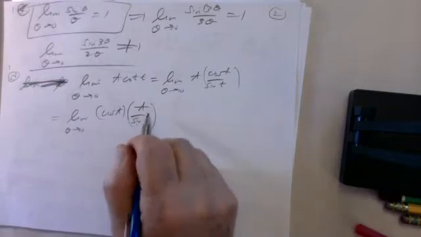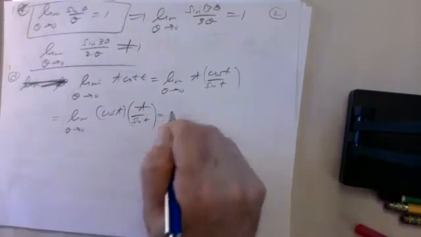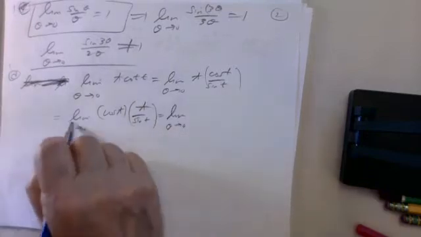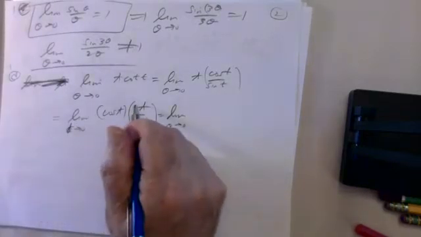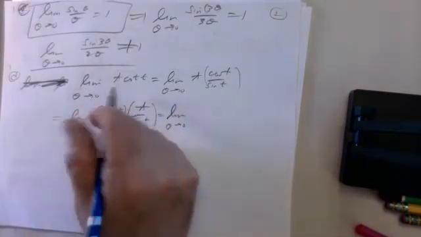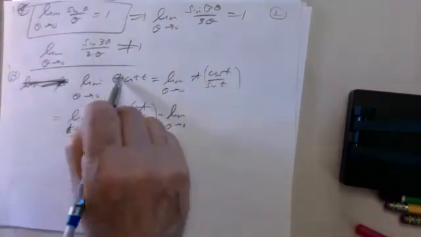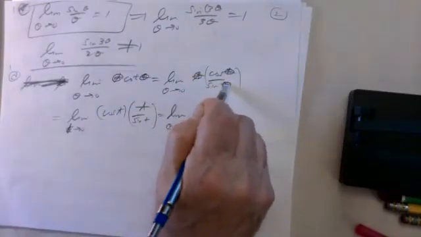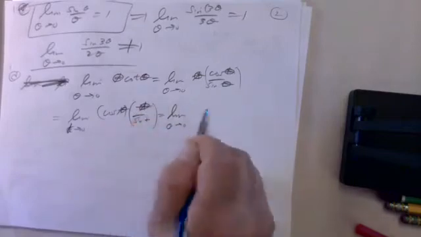And so that's the limit as theta goes to 0. Sorry, as t goes to 0. Oh, sorry, there's a typo. Either they should all be thetas or they should all be t's. It should be the same variable.